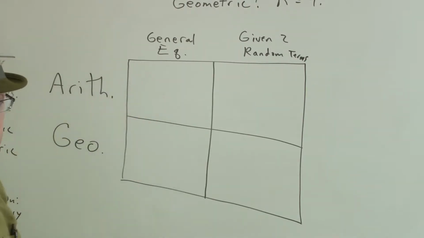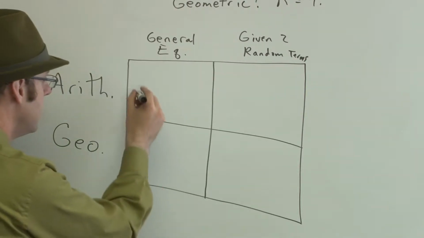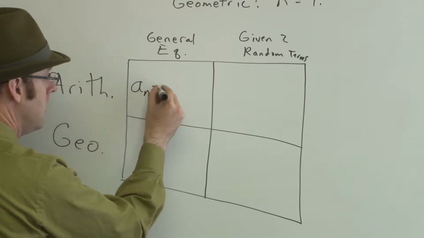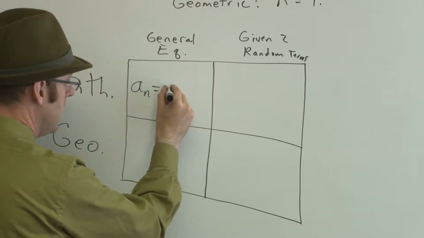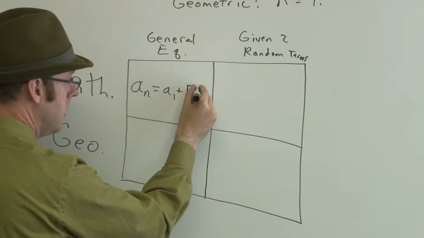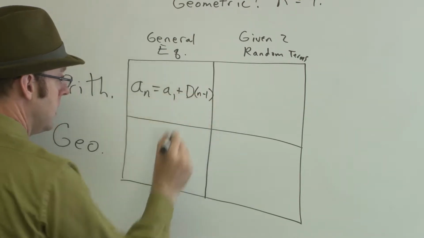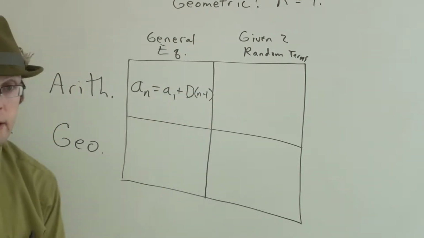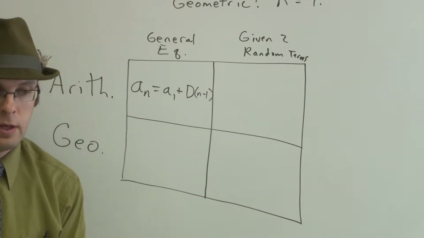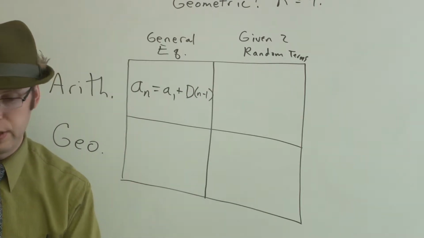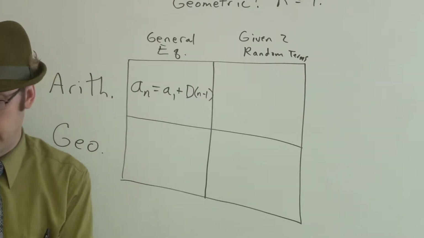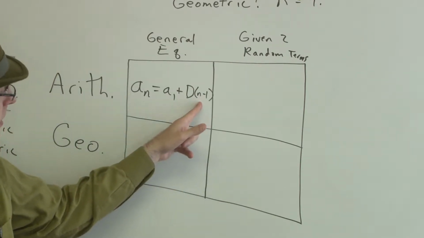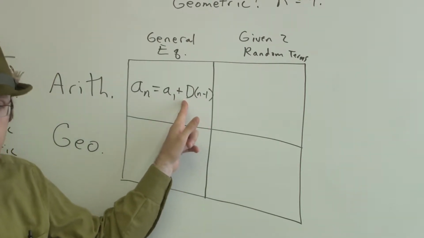So the general equation for an arithmetic sequence is the nth term is just the first term plus d times n minus 1. Makes sense. If I want to go from term 1 to term 50, I just need to take 49 steps of whatever distance each step is.